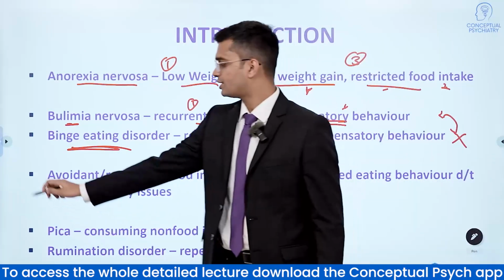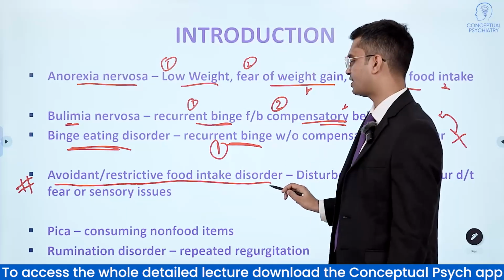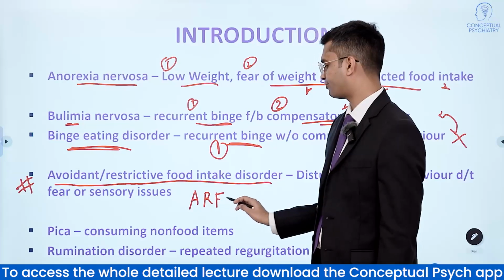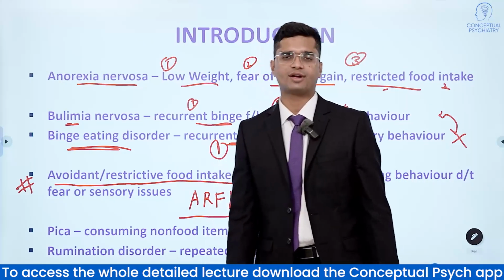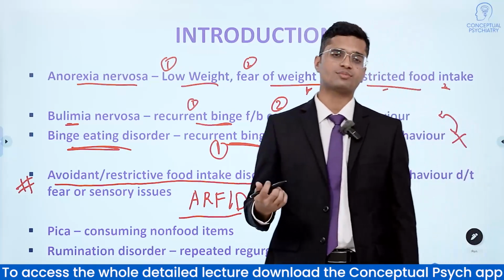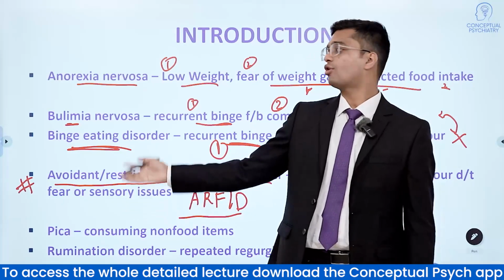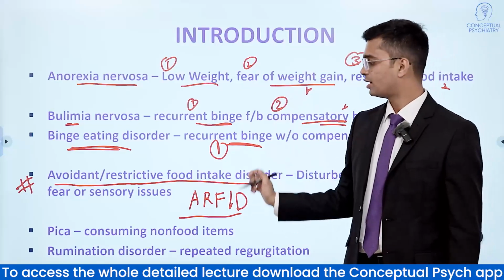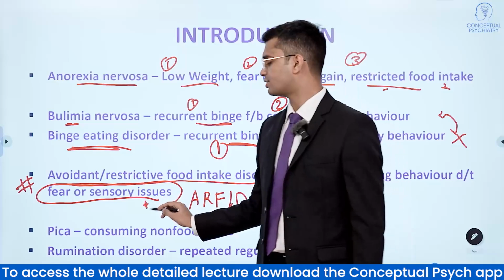Next is the newly labeled diagnosis of avoidant restrictive food intake disorder, also remembered in short as ARFID. This is a new diagnosis in DSM-5, and it has been put here because a certain subset of patients have a restrictive food intake, but that is not because of the fear of getting fat or weight gain, but because of other fears or sensory issues.